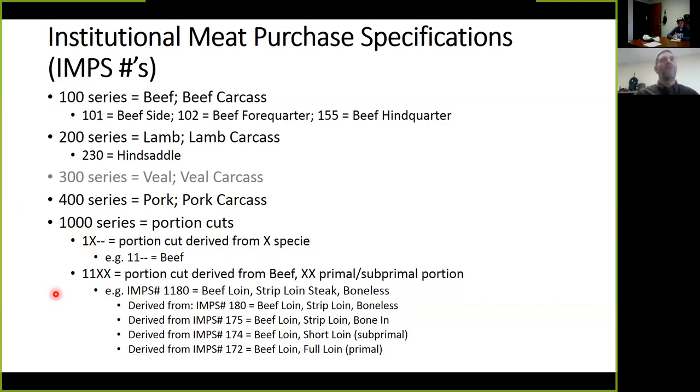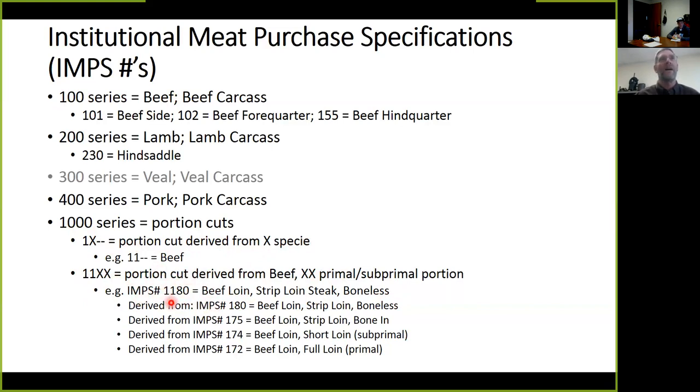Now, if we go down to 1, 1, which would be a portion cut of beef, the XX is actually the primal, the subprimal portion, or could possibly be even more cutting until it's trimmed or some other thing about the cut. So we can go down here to a 1180.